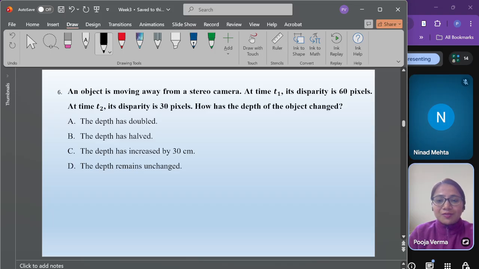Option B, the depth has halved. Option C, the depth has increased by 30 centimeters. Or option D, the depth remains unchanged. So, can you answer? Already we know the relation between the disparity, focal length, and baseline with depth, right?